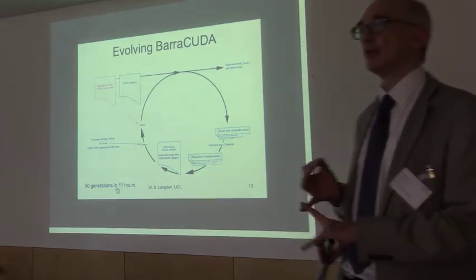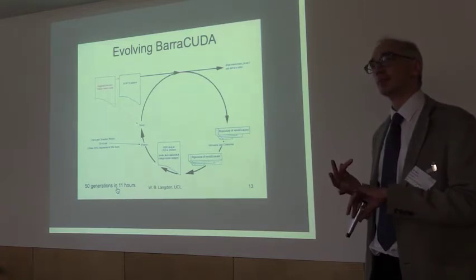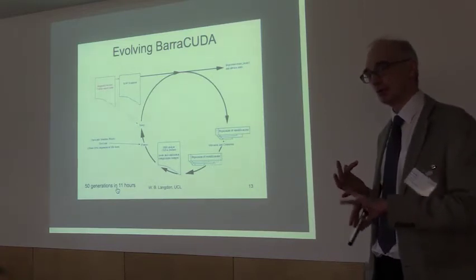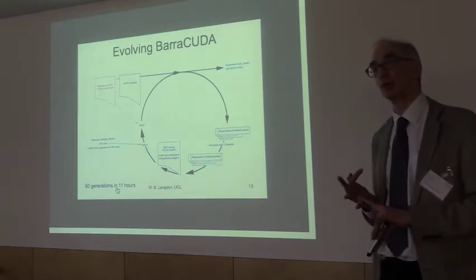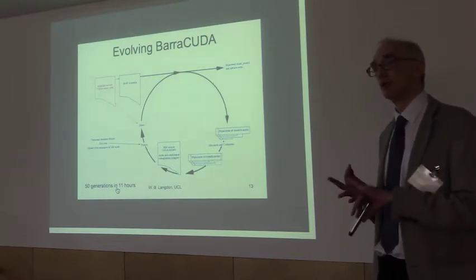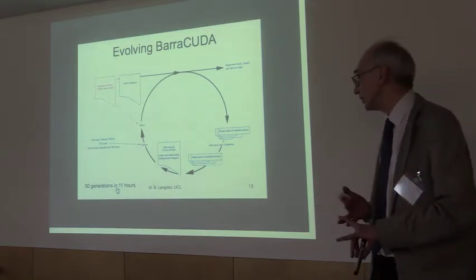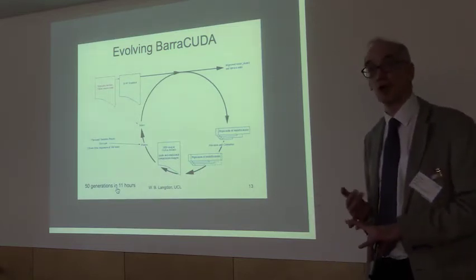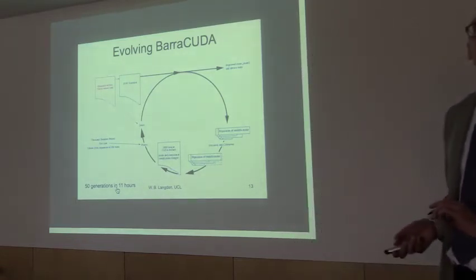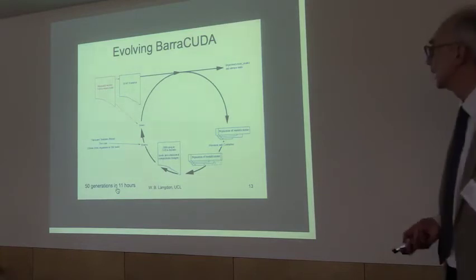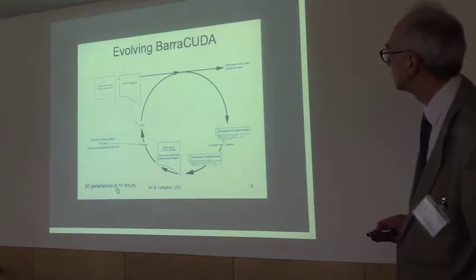So the grammar doesn't guarantee that the programs will be correct, but there's a high chance that they will compile, and if they compile, there's a guarantee that they will terminate. And most of them not only terminate, but actually produce reasonable sort of answers that you can assign a fitness to.